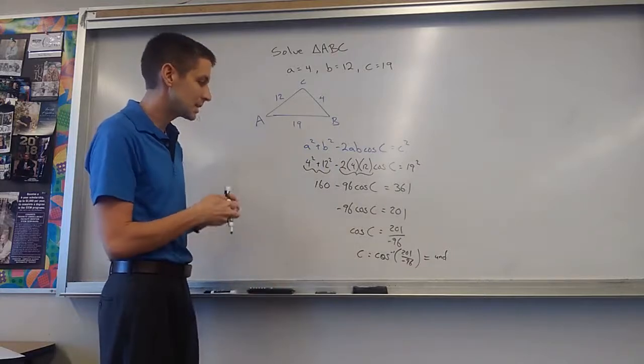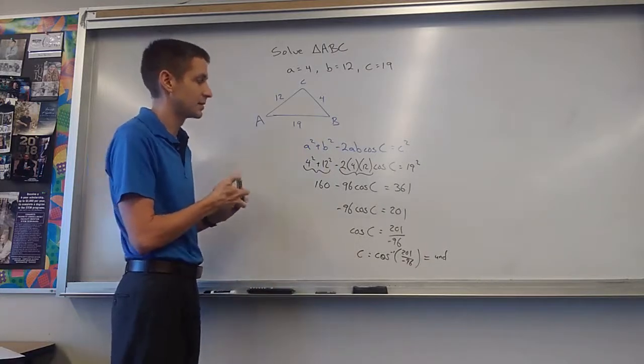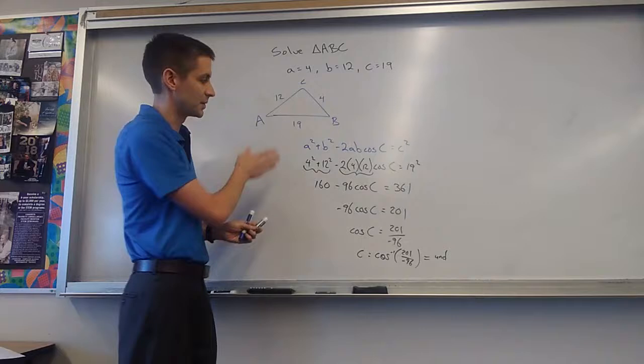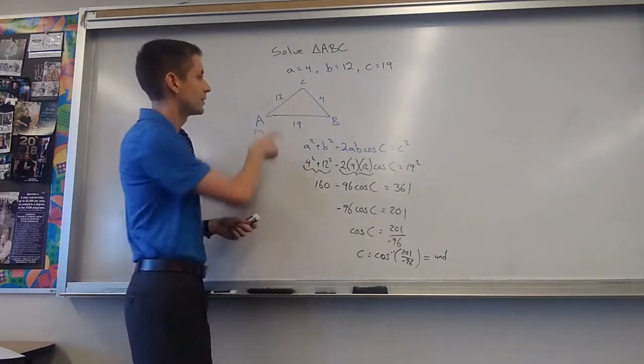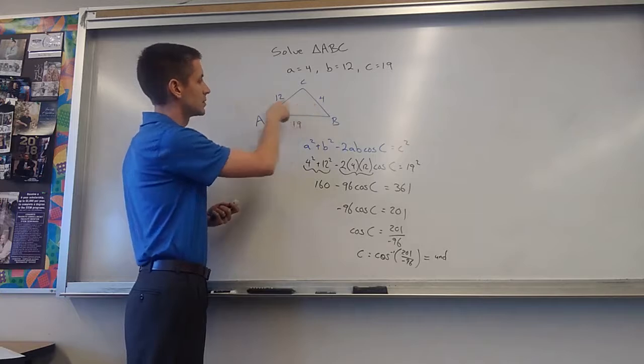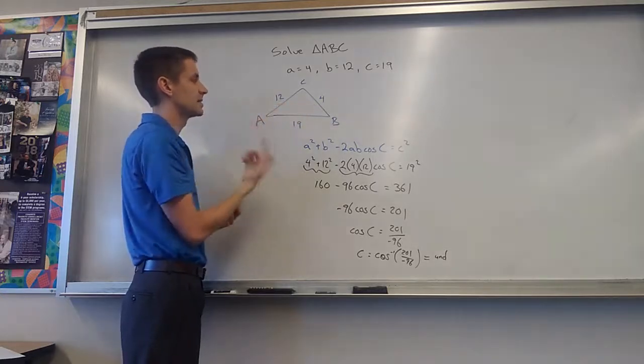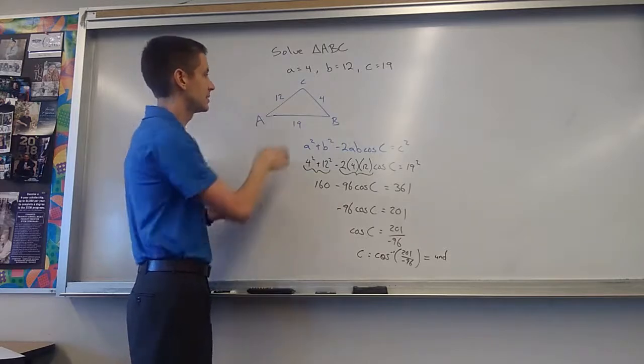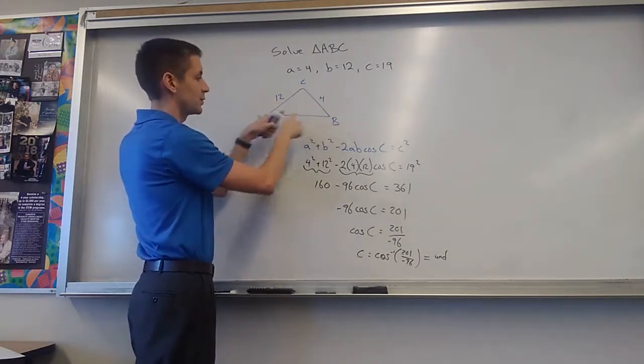Now, we could have done something wrong with the math, but we've done everything correctly. If we look back at our three sides of the triangle, especially the two shorter sides, if I add the lengths of 4 and 12, that only gives me 16. So those aren't going to be long enough to extend past that 19. What this triangle actually looks like is something like this.